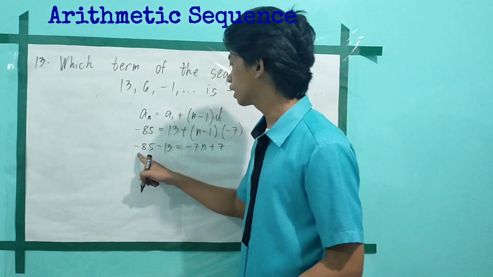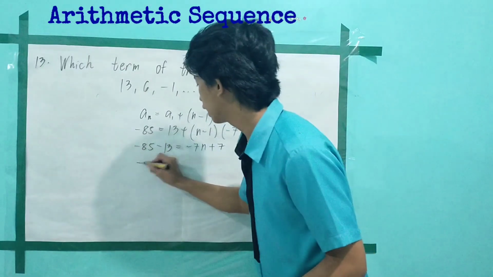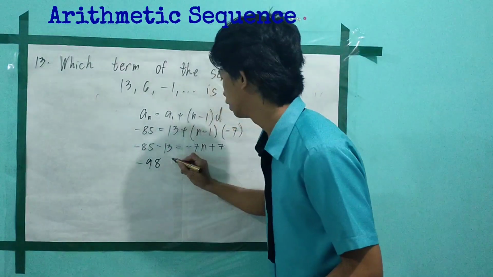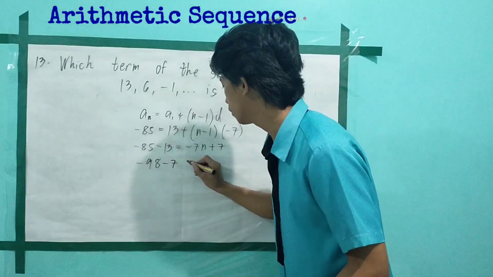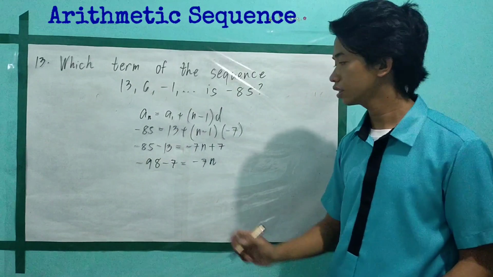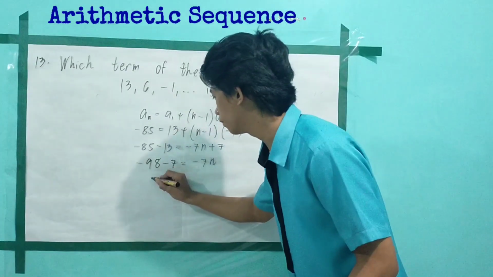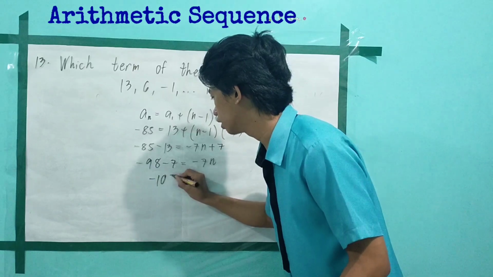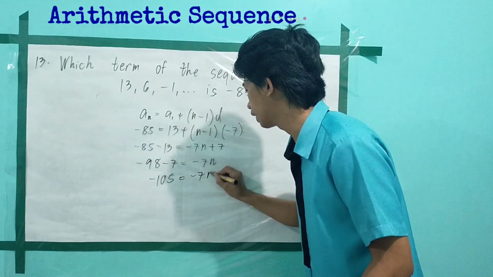Next, negative 85 less 13, we have negative 98. Using APE, lipat natin down, magiging less 7 is equal to negative 7n. Okay? So, negative 98 less 7, we have negative 105 is equal to negative 7n.